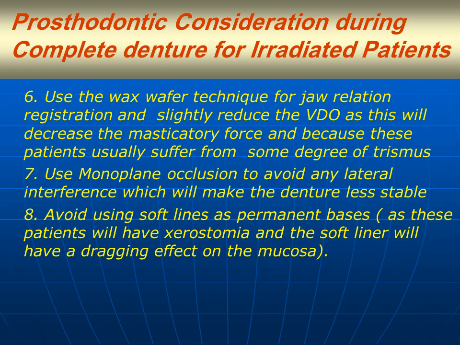Therefore, the monoplane occlusal concept is much preferred in these patients. Avoid using any soft liner as a permanent base, as these patients will have xerostomia, and therefore the mouth is very dry, and the soft liner will have a dragging effect on the mucosa.